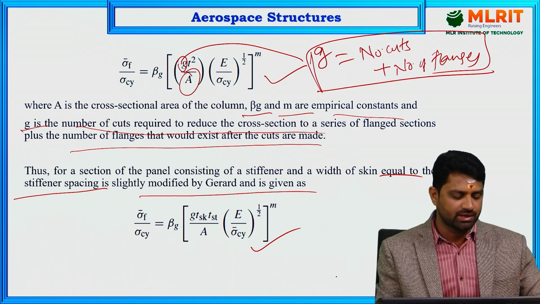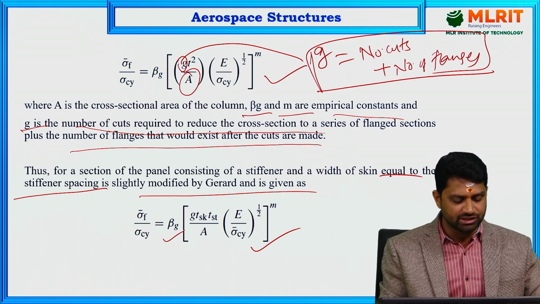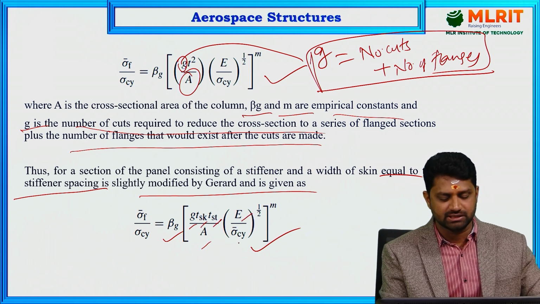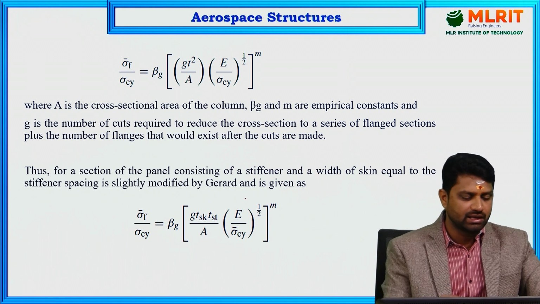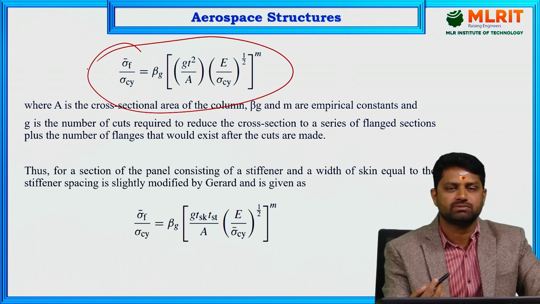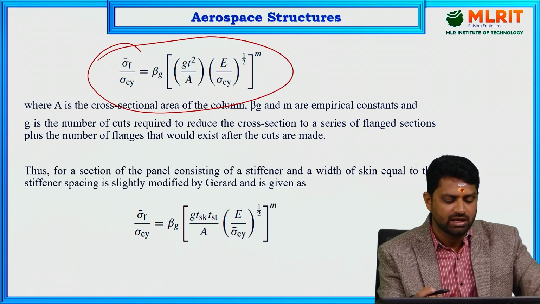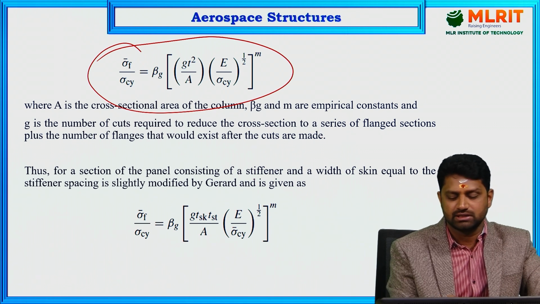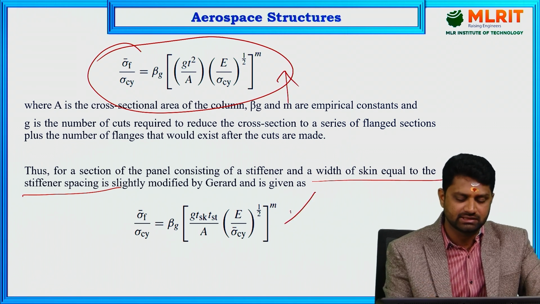He has given the formula as sigma F dash divided by sigma Cy equals beta G into G into T SK into T ST by A into E by sigma Cy bar, whole to the power of 1 by 2 and M. So if you look at the two formulas given by Gerard, one is the formula in which he made use of the work of Stowell and Mayers, and after this he considered another assumption, the width of the skin equal to the stiffener spacing, and he modified this equation and gave us another equation.